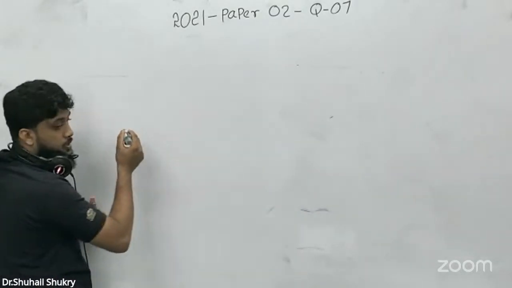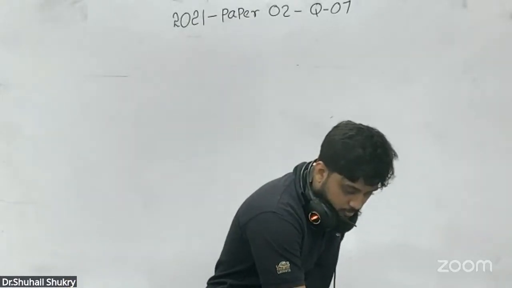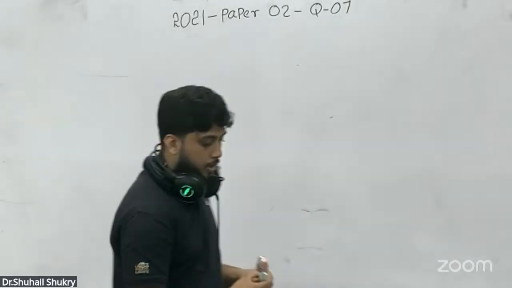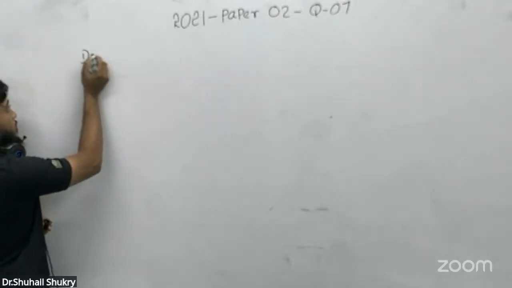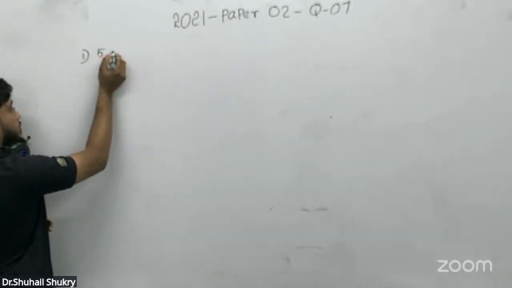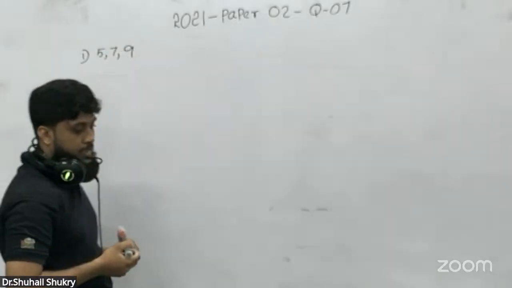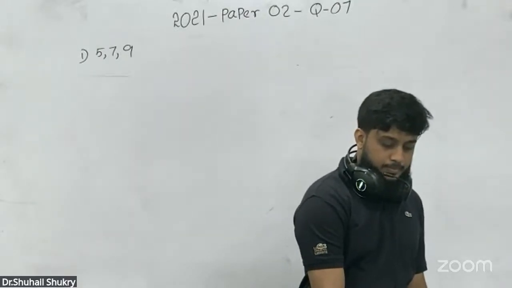So the first one. What do you have to write here? 5, right? Second one? 7. Third one? 9. First, second, third flowering bushes respectively. So these things are fine.